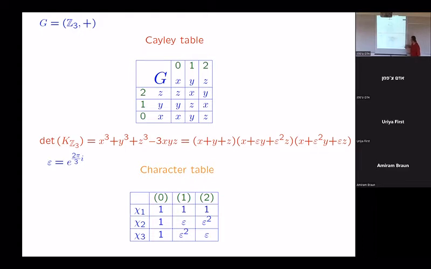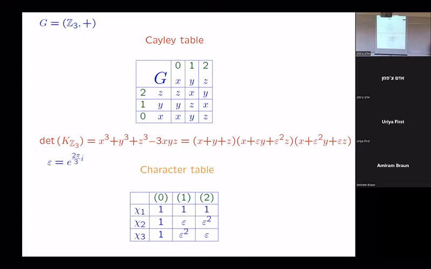And you evaluate these characters over conjugacy classes. And it is visible that each row from the character table here is in bijective correspondence with factors, with coefficients in those factors. This is a general phenomenon in the commutative case, also discovered by Dedekind.